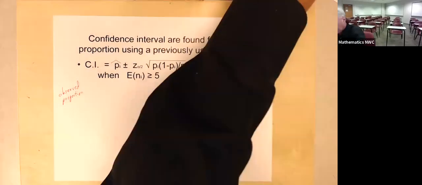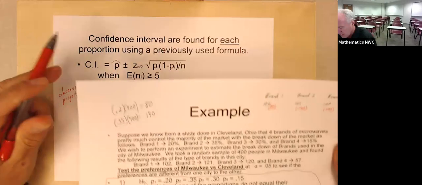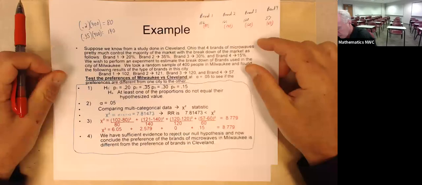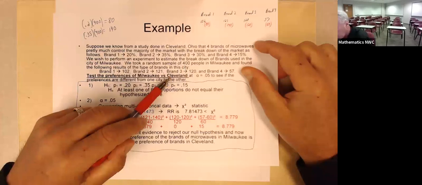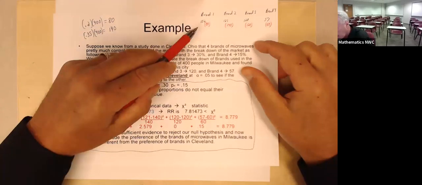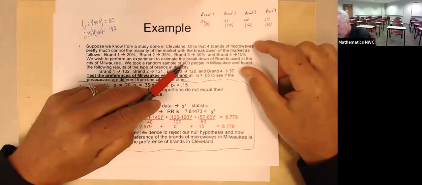This observed proportion, back in this one, the observed proportion was this, 102 out of, in this case, the 400. So I would have taken 102 divided by 400. That would have been the proportion for brand 1. 121 out of 400 would have been the proportion for brand 2. Each brand would have gotten its own confidence interval.